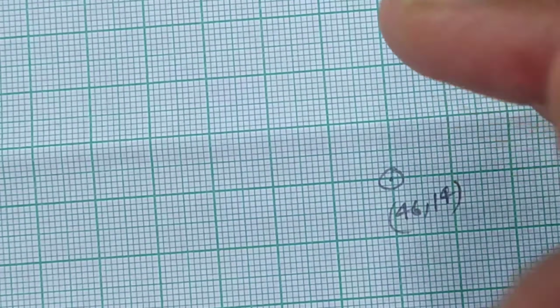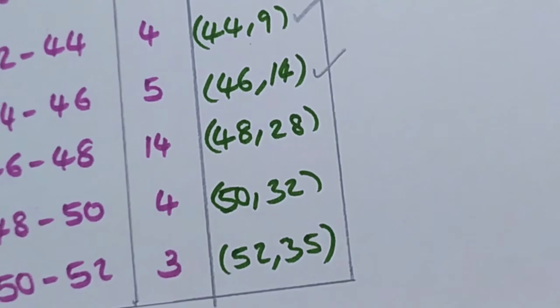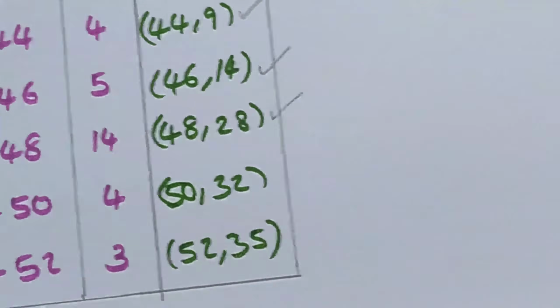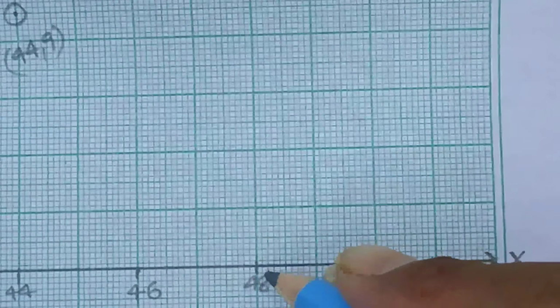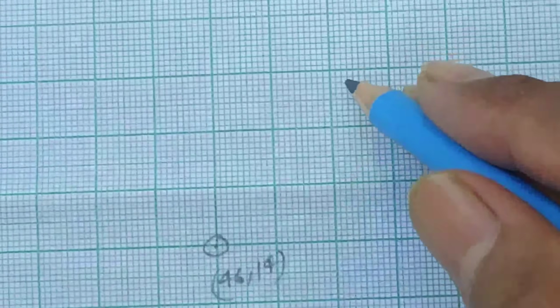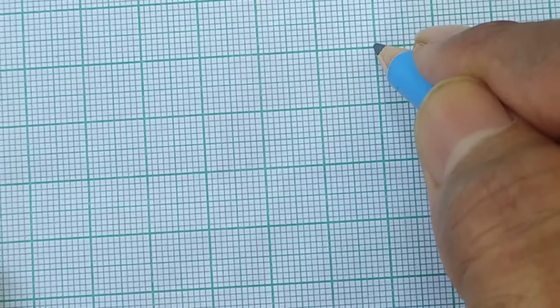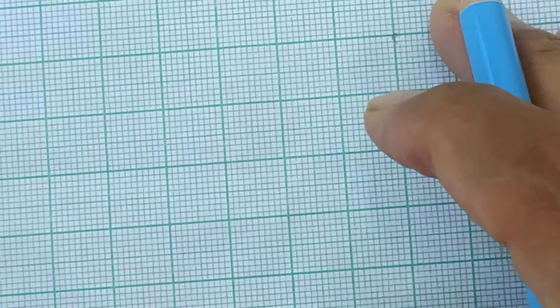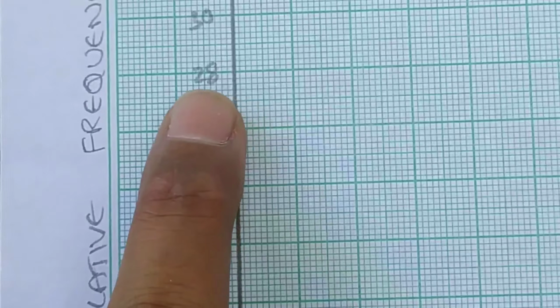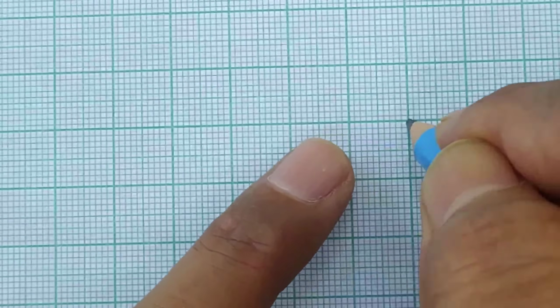Next point is 48 comma 28. See, here it is. This is 48. Here you see, this is 28. So this point is 48 comma 28.